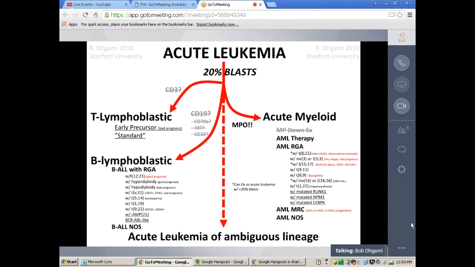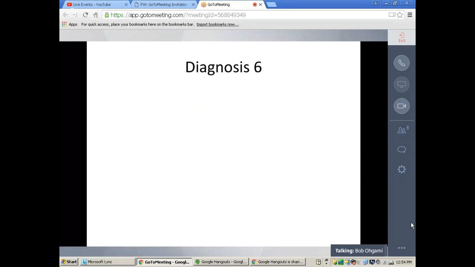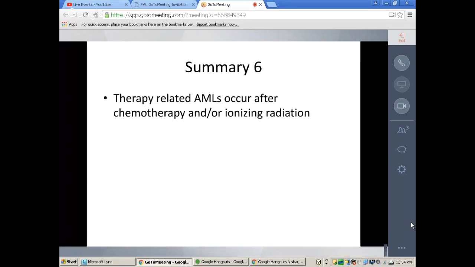We don't have a patient with Down syndrome, so we don't consider that diagnosis. But we do have a patient with a history of chemotherapy and radiation therapy. So this is a therapy-related acute myeloid leukemia. So the diagnosis here would be acute myeloid leukemia, therapy-related.